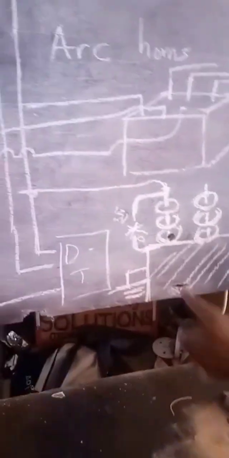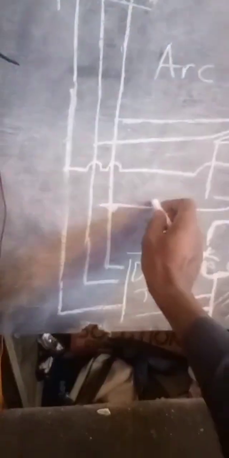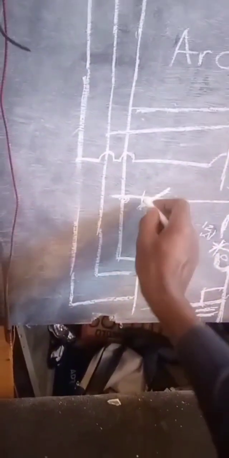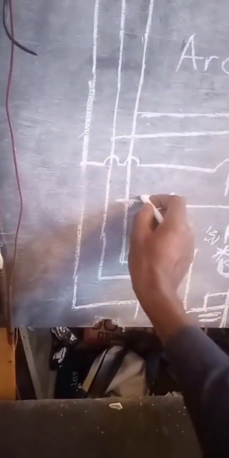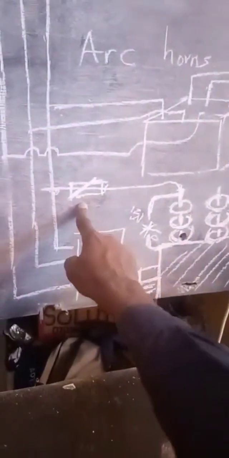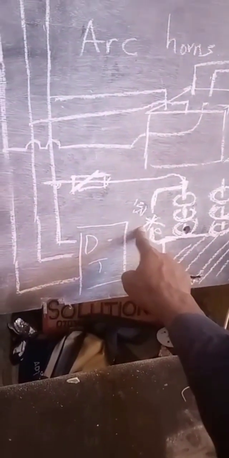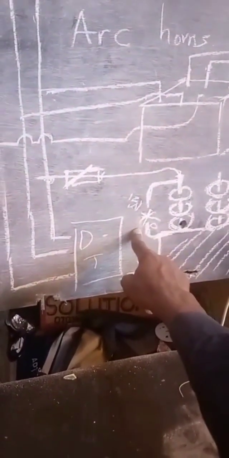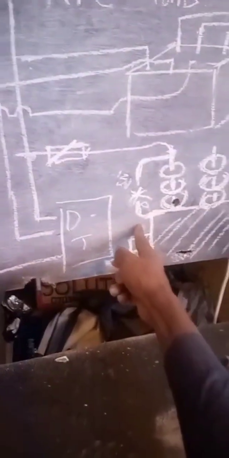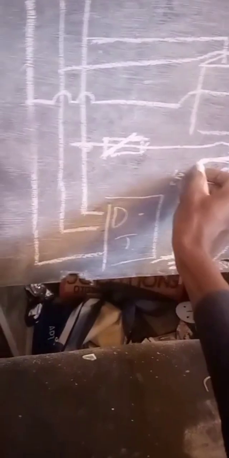When this arcing happens, it will break the fuse. Remember, here we must provide a fuse when installing transformers. That is why you see the fuses, so that they can respond when the arc horn is shorting or this voltage is somehow leaking to the ground, and this is achieved by application of these arc horns.